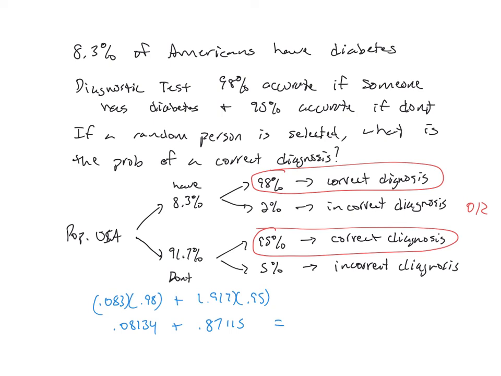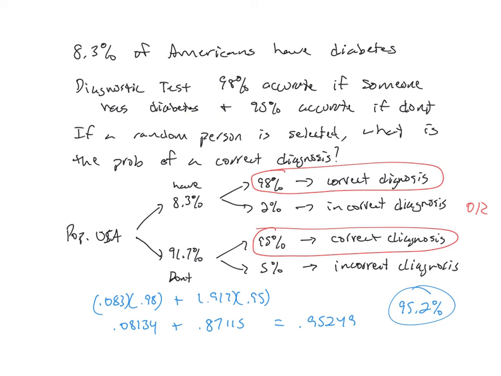Okay, and then when I add those together, plus 0.08134, I get 0.95249, or we can say 95.2%.